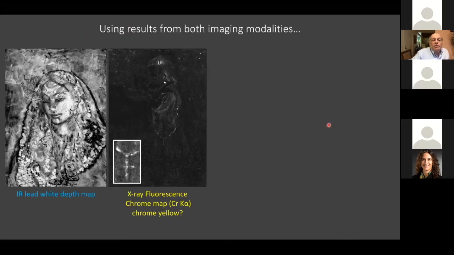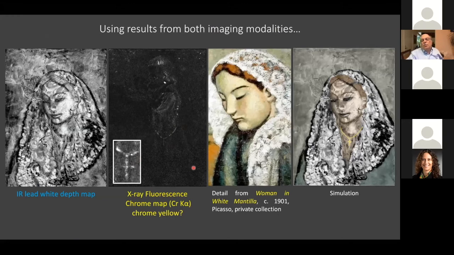From the elemental imaging, we did find chrome, and the chrome could be thought of as being associated with chrome yellow, given the fact that this is a crucifix. And then what was kind of interesting is we found there were a series of paintings called Women in a White Mantilla that was done by Picasso. This one particular one is in a private collection.